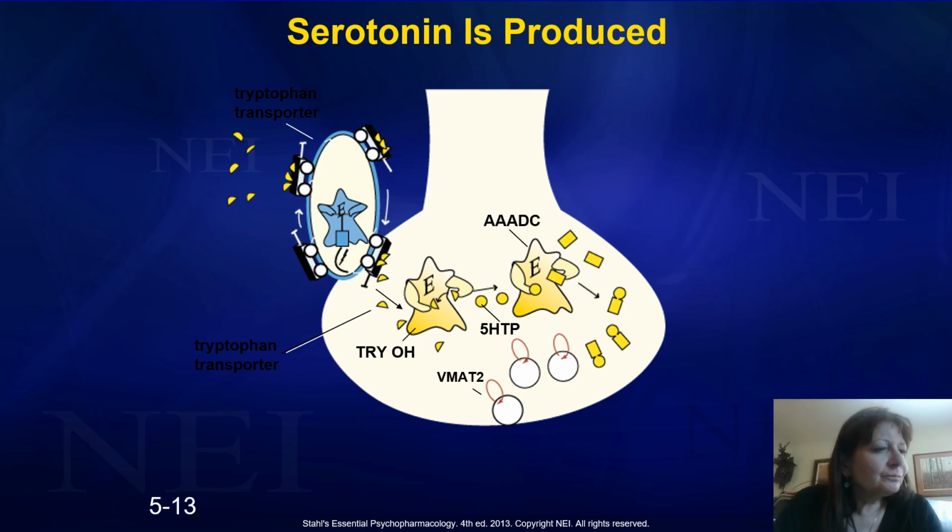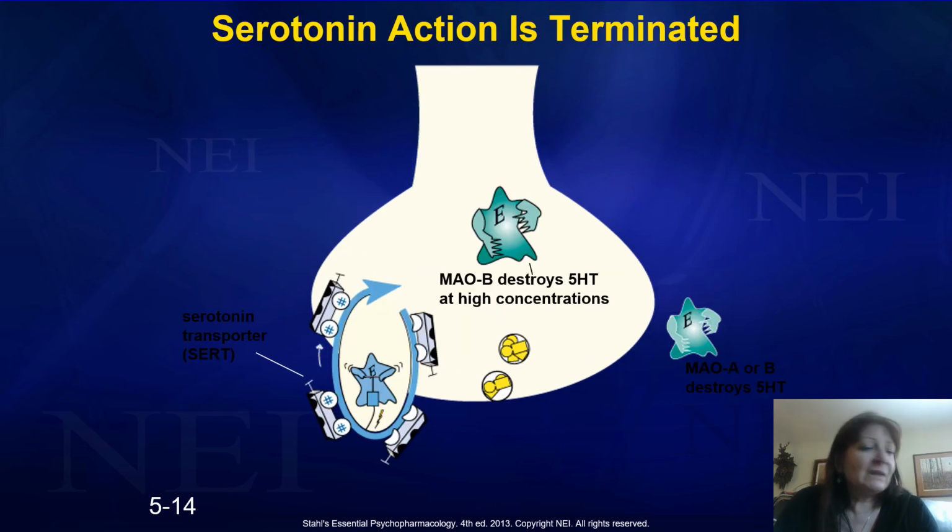And then the 5-HTP is stored in vesicles until it can be released. And then 5-HT or serotonin action termination occurs with MAOB internal to the neuron, and external to the neuron occurs with either MAOA or MAOB.